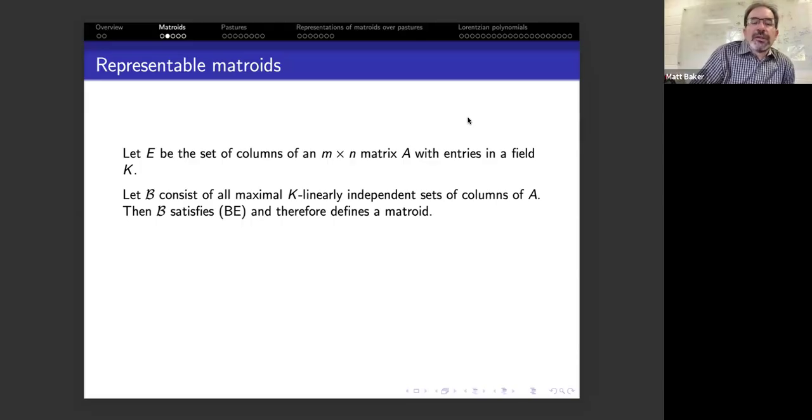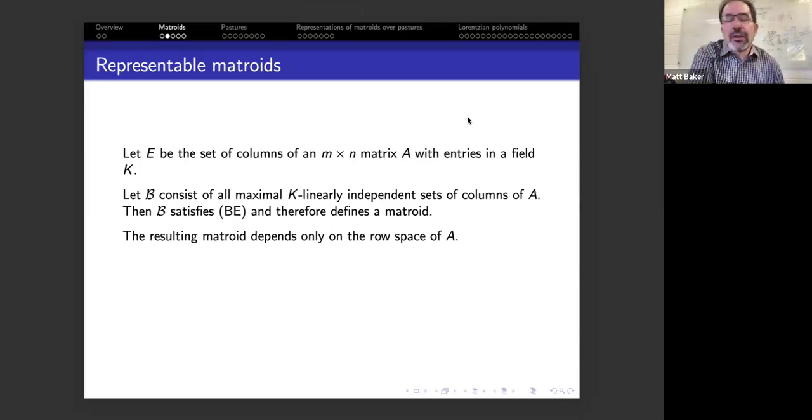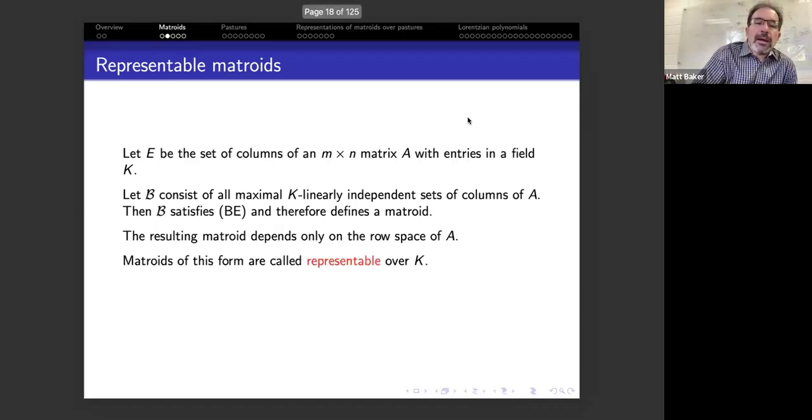And one can check that this defines a matroid. And this is a kind of canonical example of a matroid. It's easy to see that the matroid you get actually only depends on the row space of the matrix, because if you do elementary row operations, you don't change the linear dependencies among the columns. So matroids of this form are called representable over the field K.